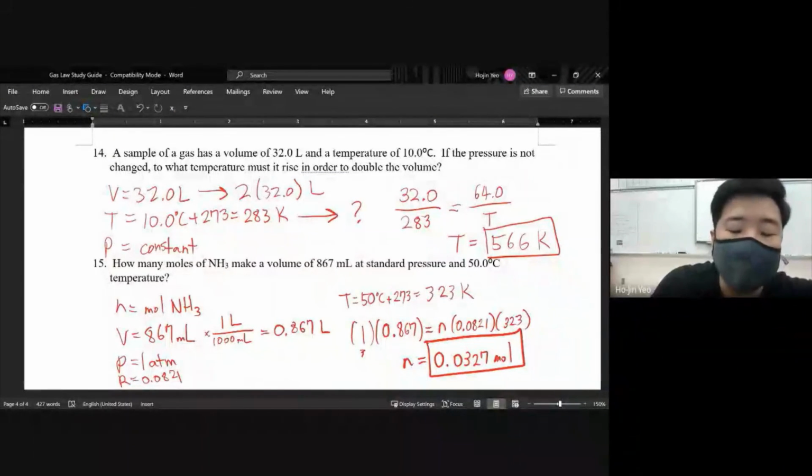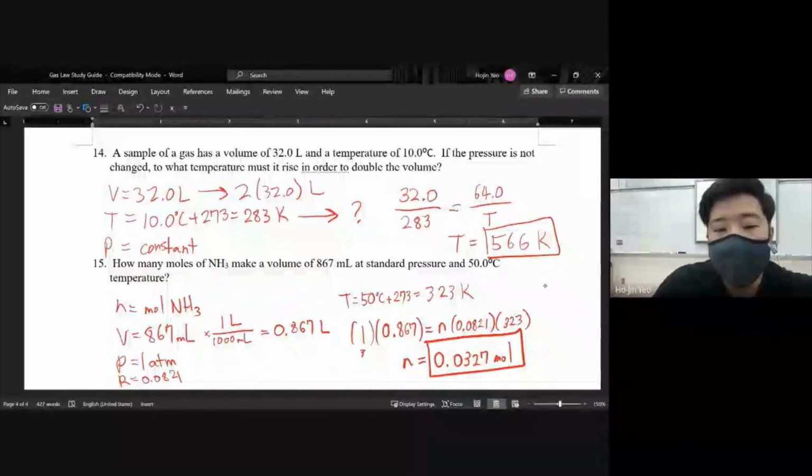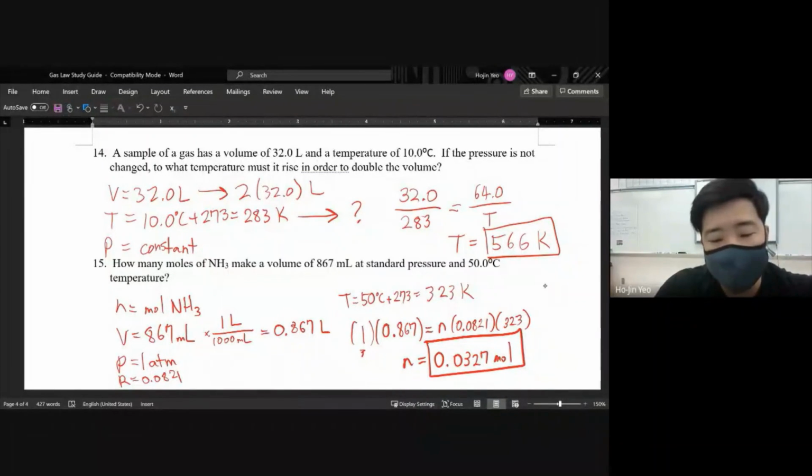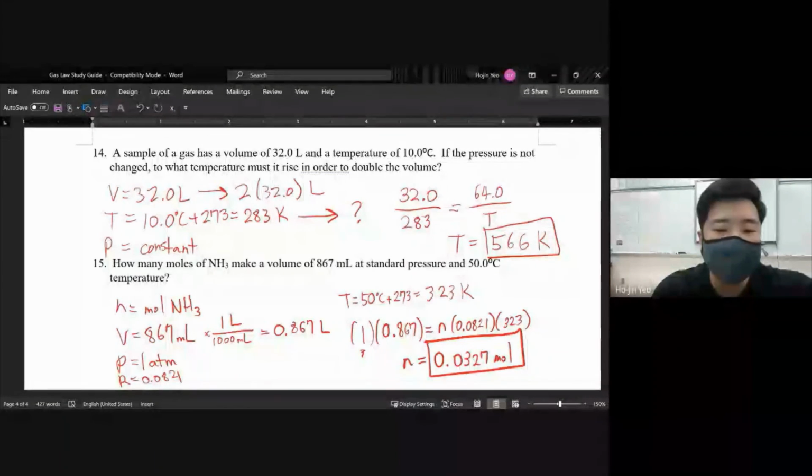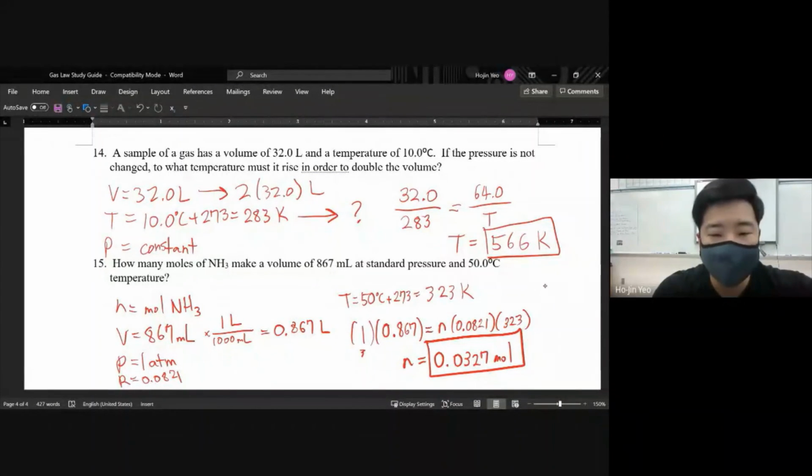For example, if we convert milliliters into liters, 1,000, which is 1 sig fig, is not counted as our sig fig parts. So that is why instead of saying 0.9, this is answered as 0.867 liters.